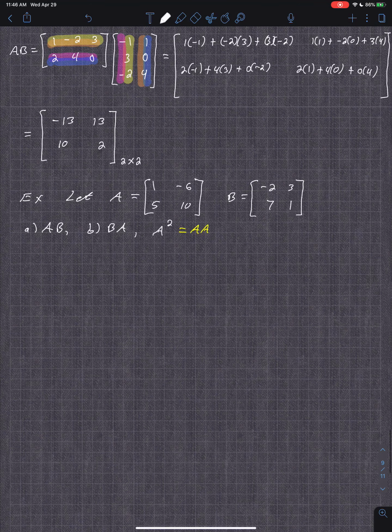I think that's good. We'll do a few more examples. I'll have a few more examples that I'll put up for you to try. And then we'll go on to 6.4, which is inverse matrices and the matrix equation. All right, I think that's it.